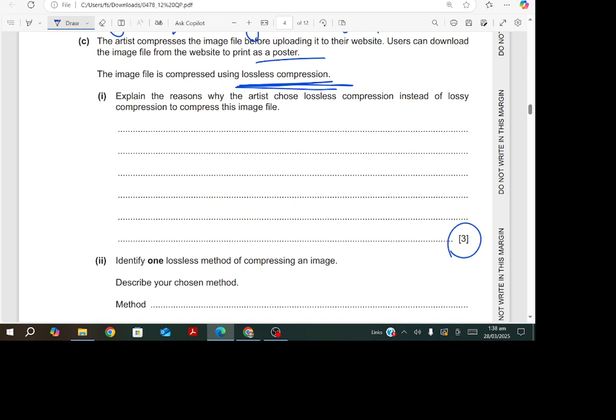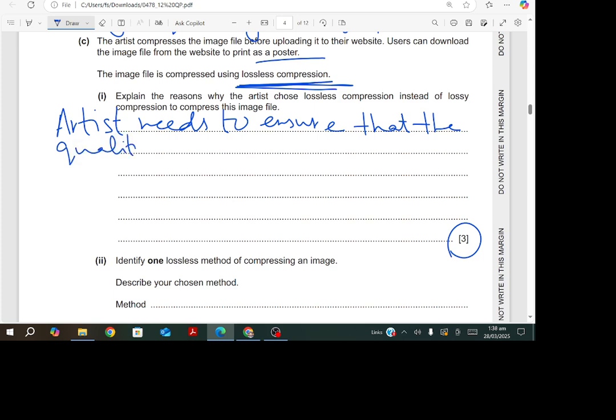Yes, artist needs to ensure that the quality of the poster is retained.